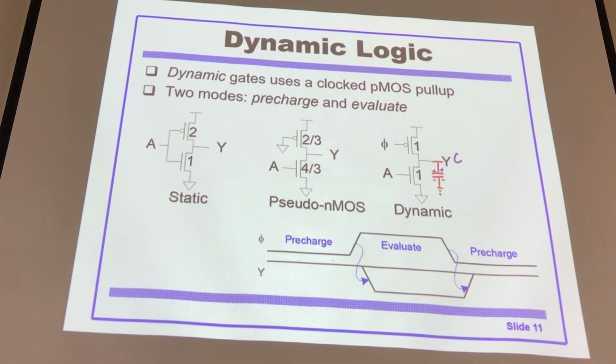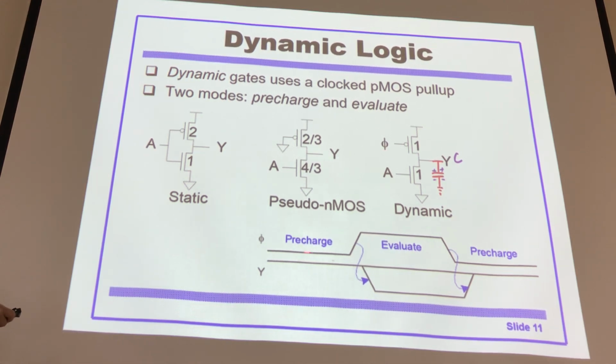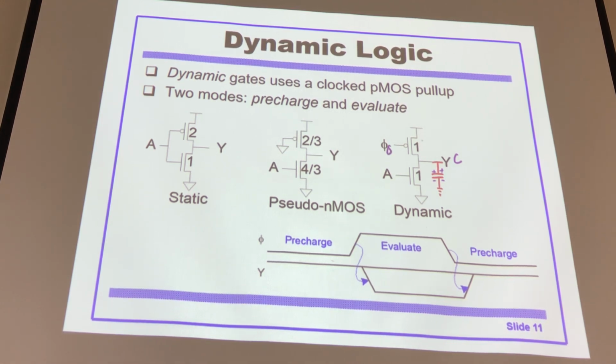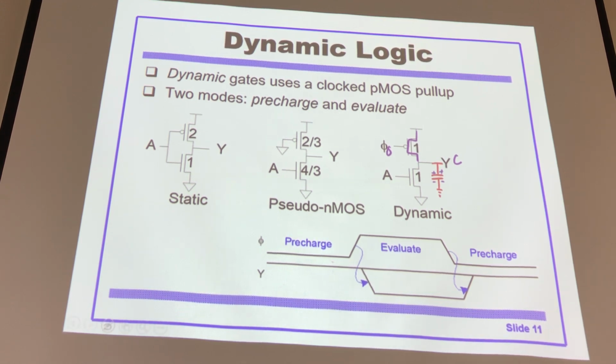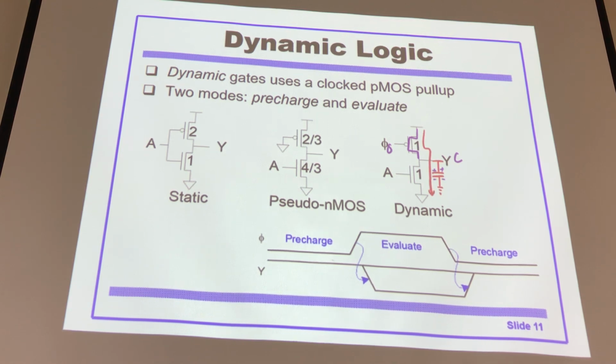And there are two phases, two stages, pre-charge stage and evaluate stage. During pre-charge stage, clock signal is low, right? It's 0. So PMOS transistor is on. So there's a current from VDD toward the ground.